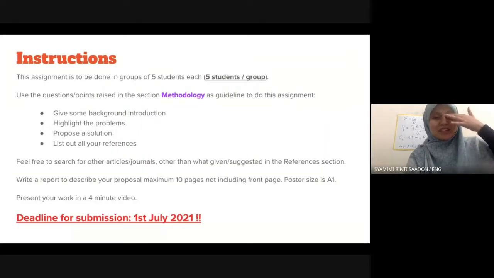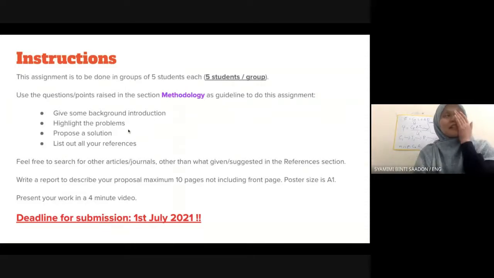So these are the instructions. This assignment is to be done in groups of 5 students. But I know you total 28, so maybe you can do 4, maximum 4 or 5 per group. Use the question points raised in the methodology section as a guideline for this assignment.